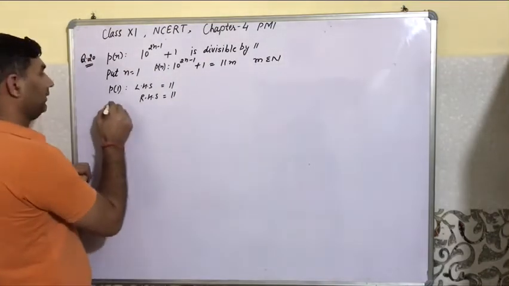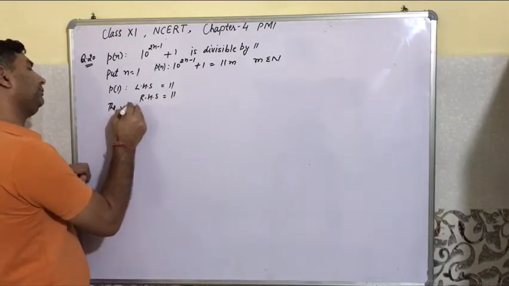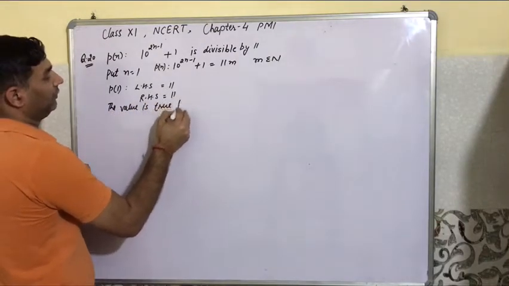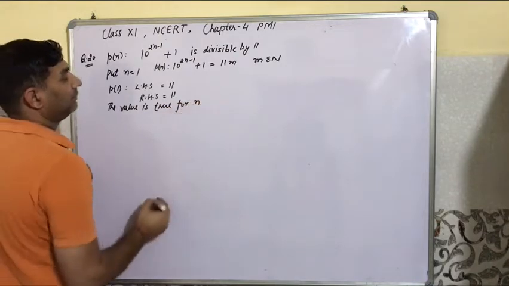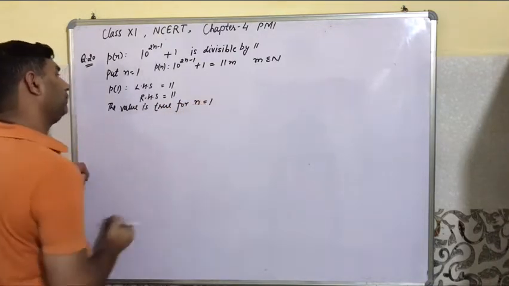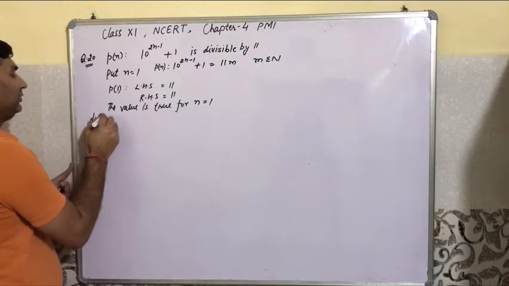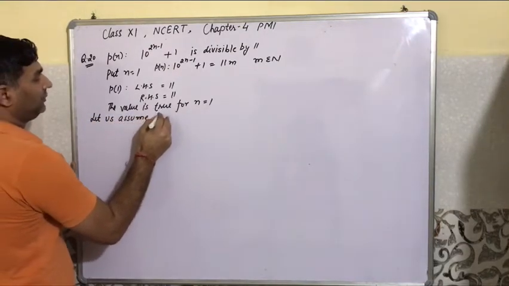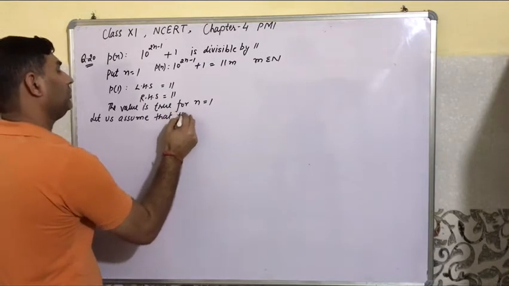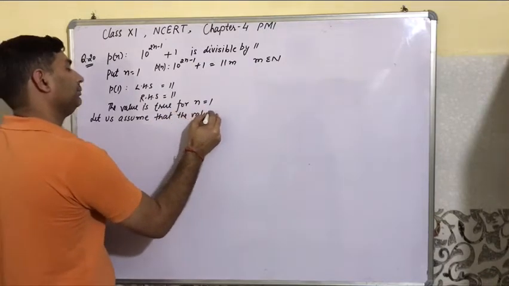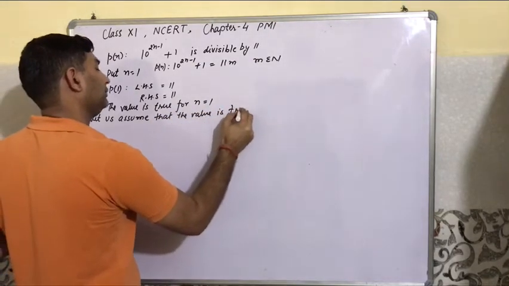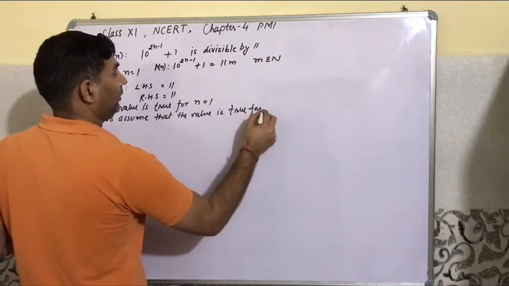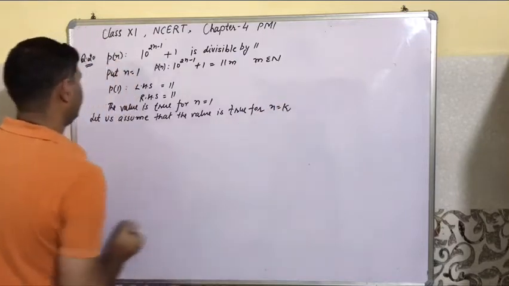Then the value is true for n is equal to 1. Let us assume that the value is true for n is equal to k.